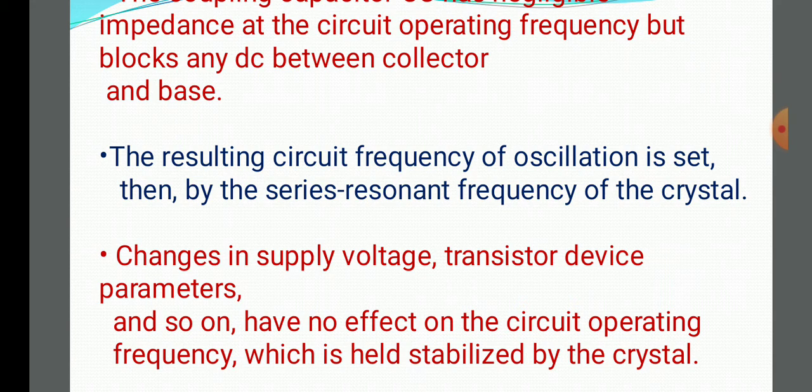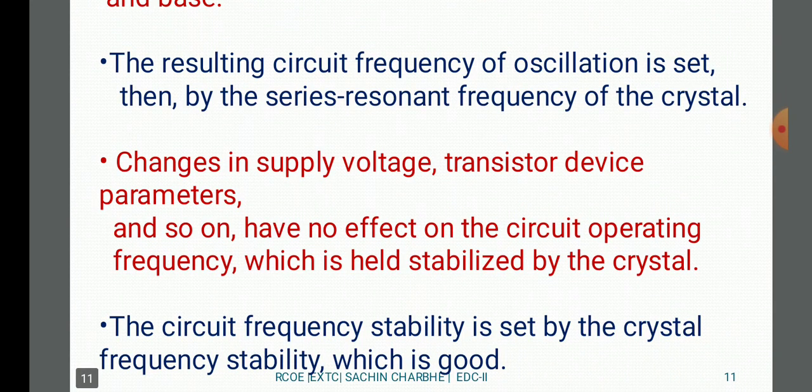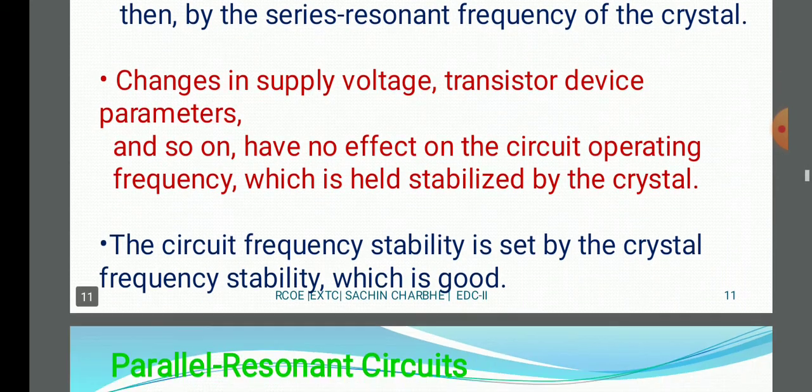The resulting circuit frequency of oscillation is then set by the series resonant frequency of the crystal. Changes in the power supply voltage and transistor device parameters have no effect on the circuit operating frequency, which is held stabilized by the crystal. The circuit frequency stability is set by the crystal frequency stability, which is good.